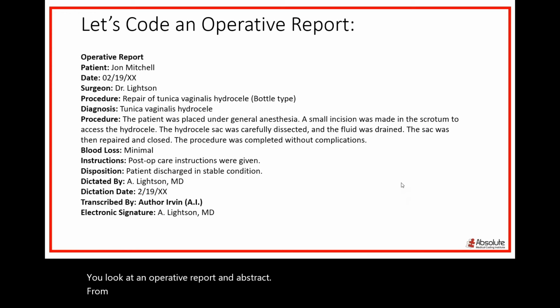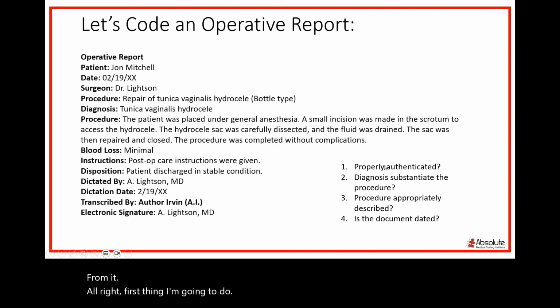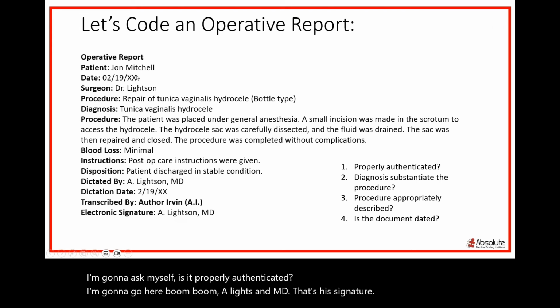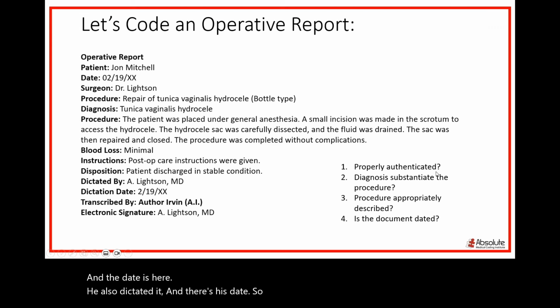First thing I'm going to do, I'm going to ask myself, is it properly authenticated? I'm going to go here, boom, boom. A. Lightson, MD, that's his signature, and the date is here. Oh, he also dictated it, and there's his date.